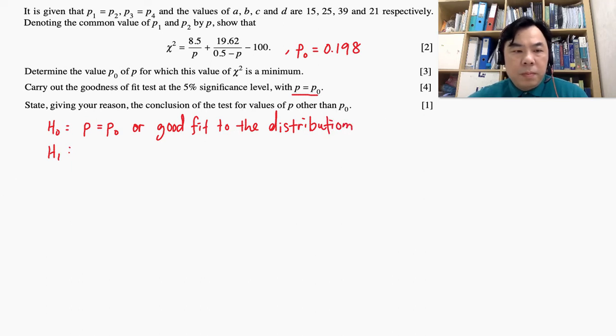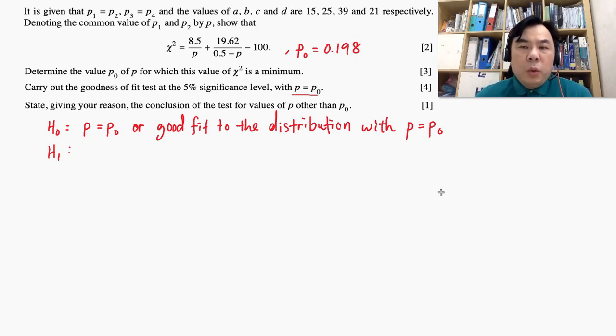Good fit to the distribution with p equal to p naught. You can also mention that. For the alternative hypothesis, you can either omit it or write it down, because for the chi-square test the alternative is always the opposite of the null hypothesis.